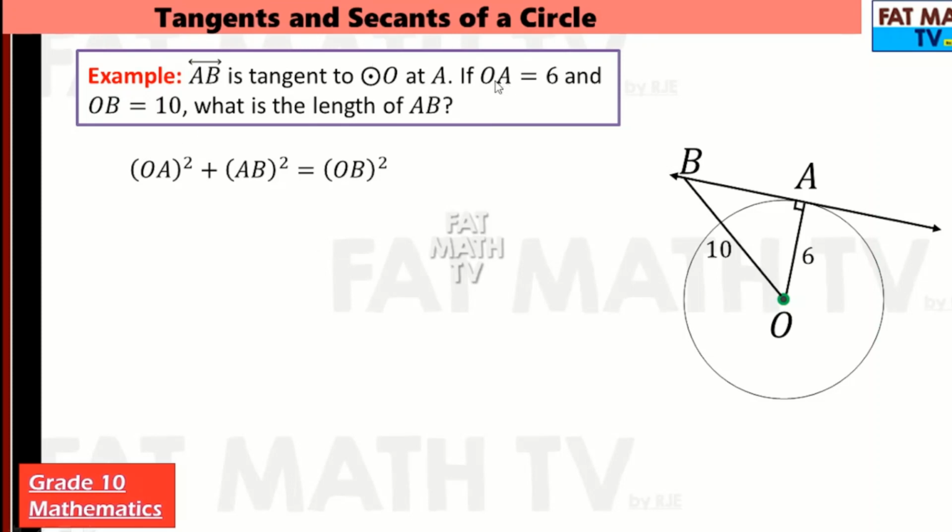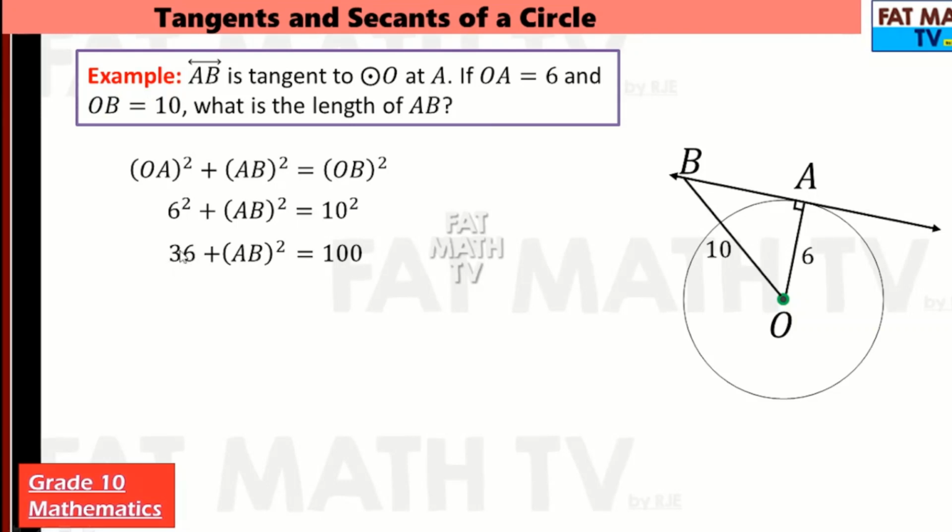So we know OA is 6, so let's substitute it there. And OB is 10. And we will solve for AB. So 6 squared plus AB squared equals 10 squared. 6 squared is 36. Copy AB squared. And 10 squared is 100. Since we are solving for AB squared, we will add negative 36 to both sides.